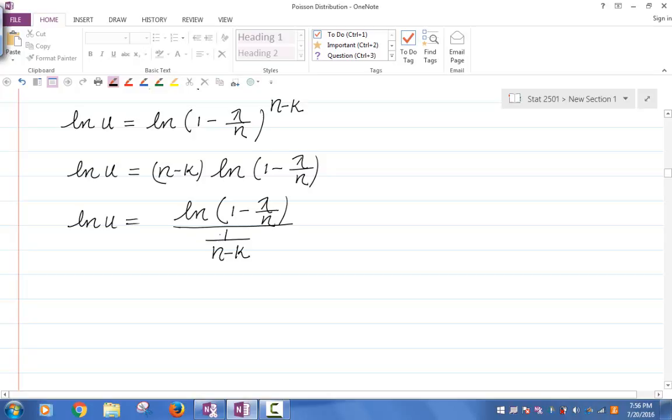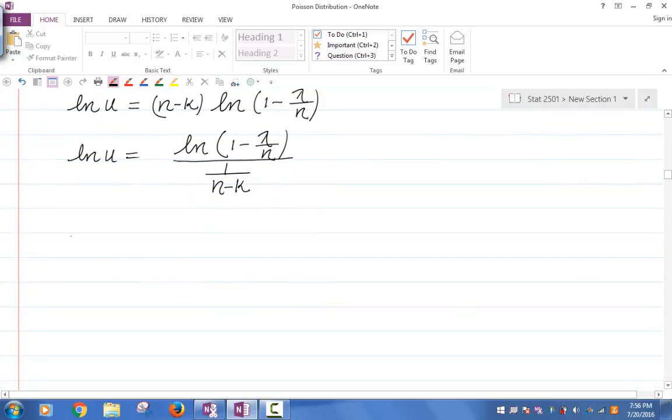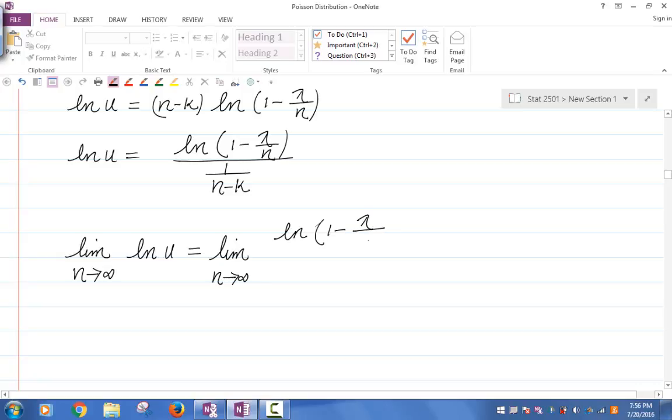Okay, so now we take the limit as n goes to infinity. Remember, we have to find the limit of u, but I'm going to first find the limit of ln of u, which will be the limit as n goes to infinity of ln of 1 minus lambda over n divided by 1 over n minus k.